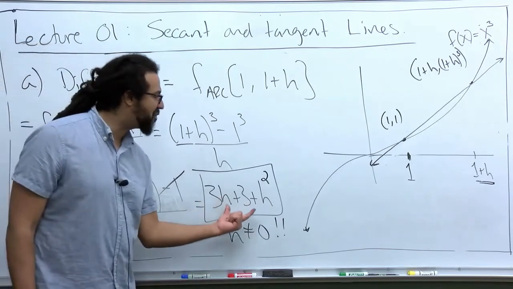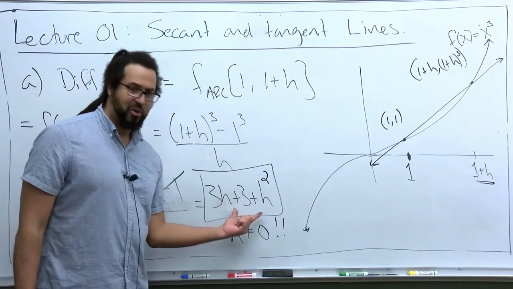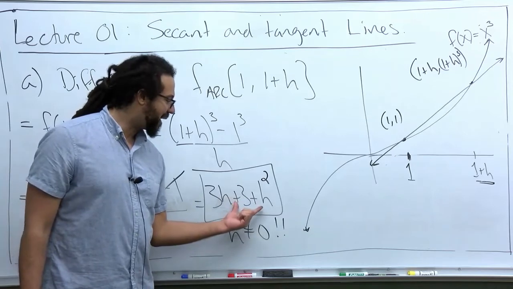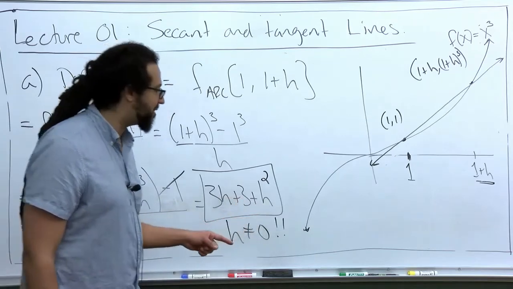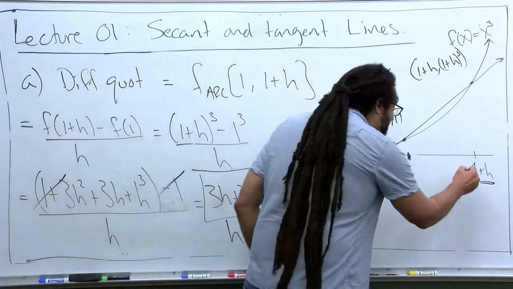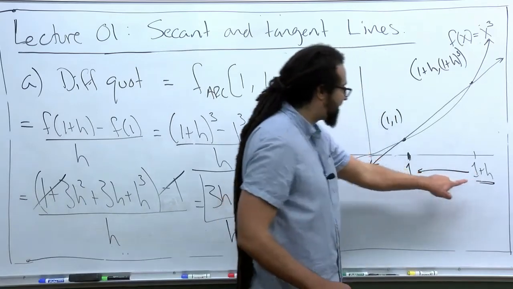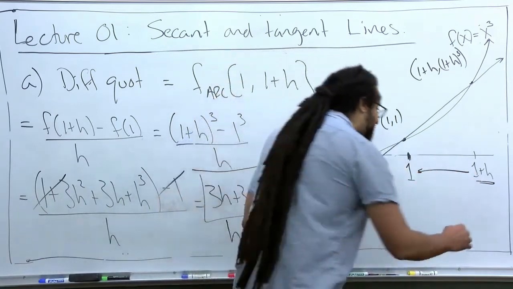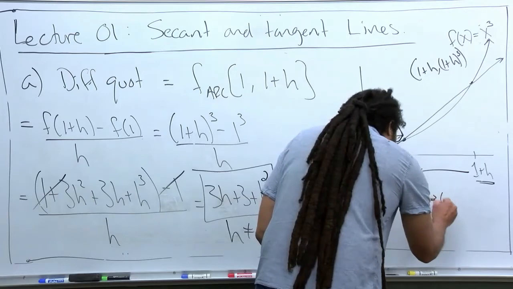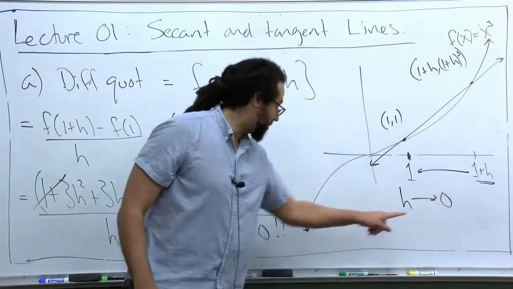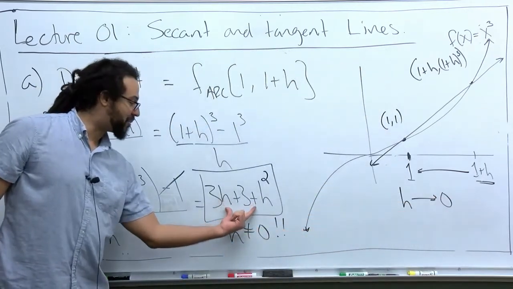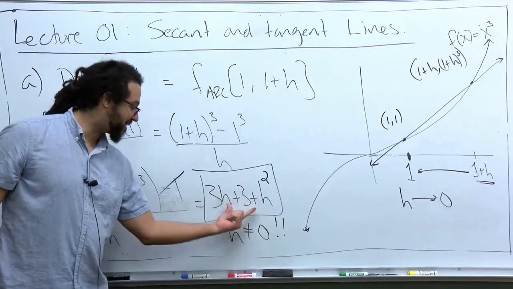Now we can use this to see exactly what the instantaneous rate of change is. How do I find that? I'm going to move 1 plus h close to 1. That's the same thing as moving h close to 0. And so you can see what happens when h gets close to 0 in this expression.